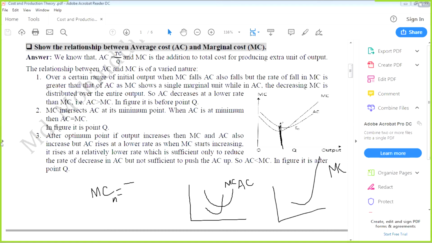Now tell me, both decrease. Okay. For example, you think that this is the ground floor of a building, and this is the first floor of a building. Is it clear or not? Yes, sir. Now tell me, if you release something from the first floor, or if you release something from the ground floor, which one falls quickly?